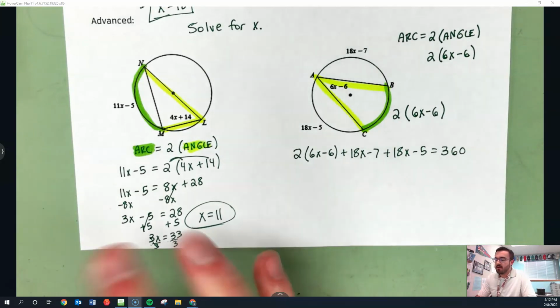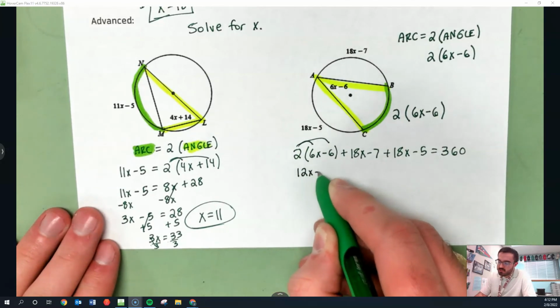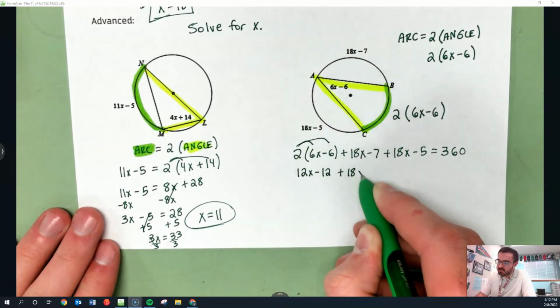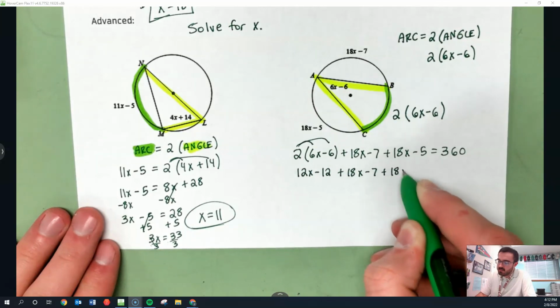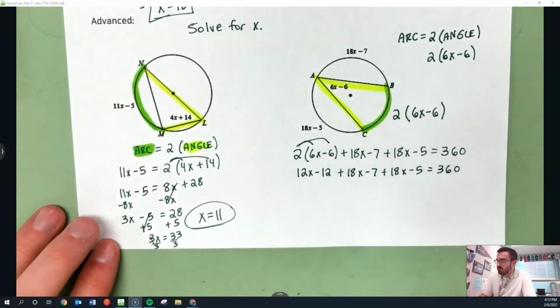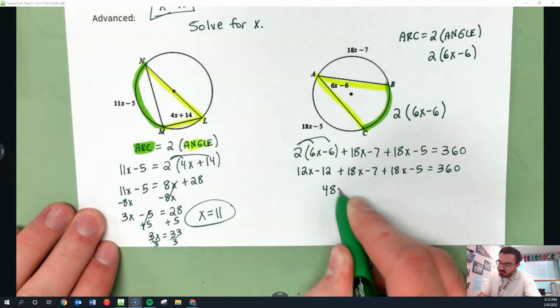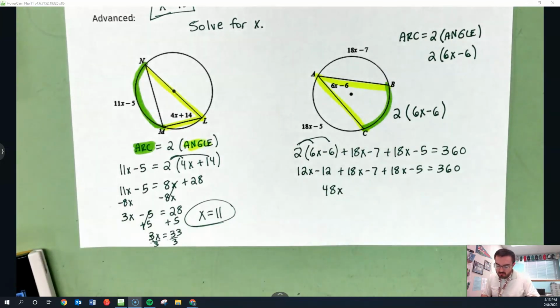I'm just going to solve it. I first got to distribute: 12x minus 12 plus 18x minus 7 plus 18x minus 5 equals 360. Let's keep going. 12 plus 18 plus 18, let's see what that is. 48x. Negative 12 plus negative 7 plus negative 5.